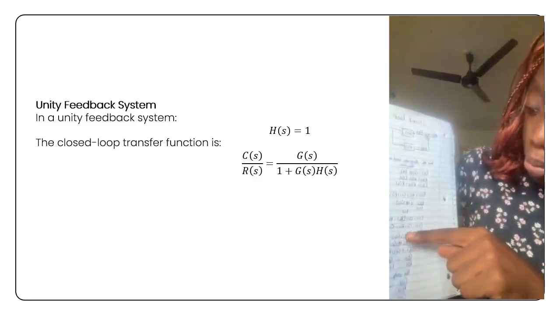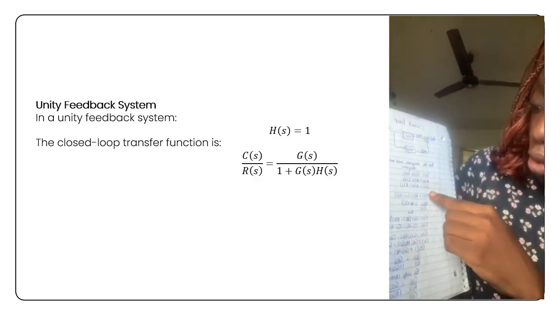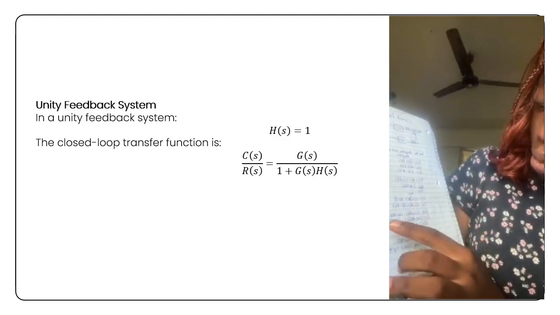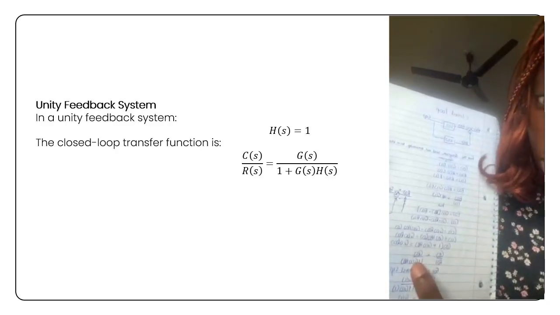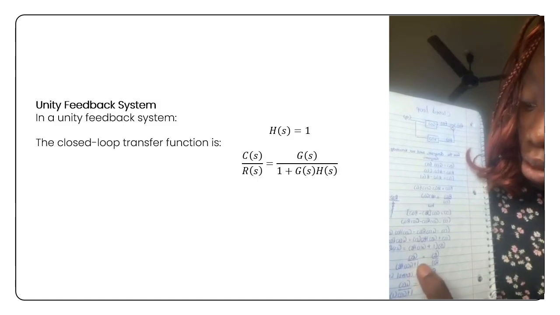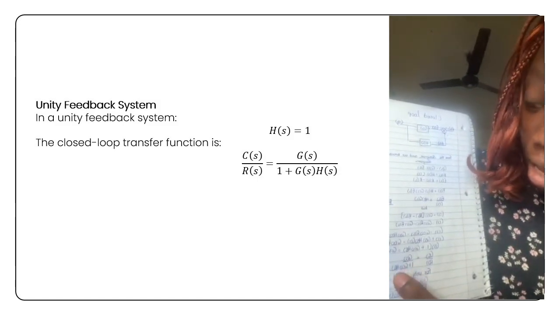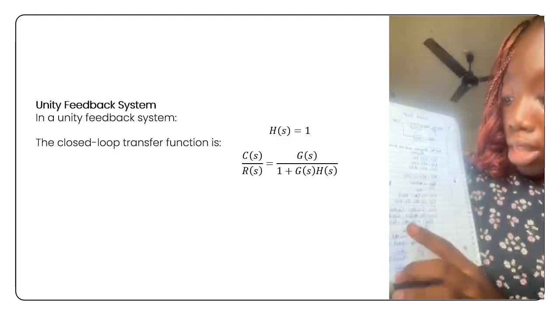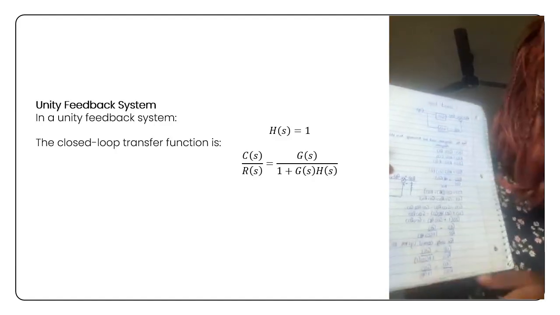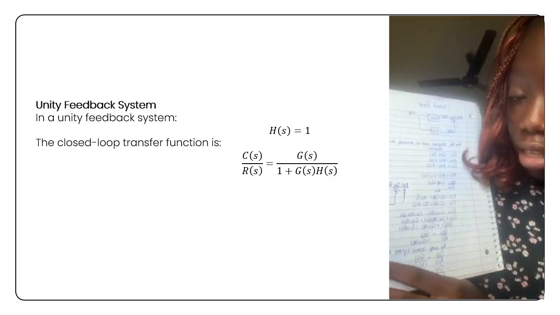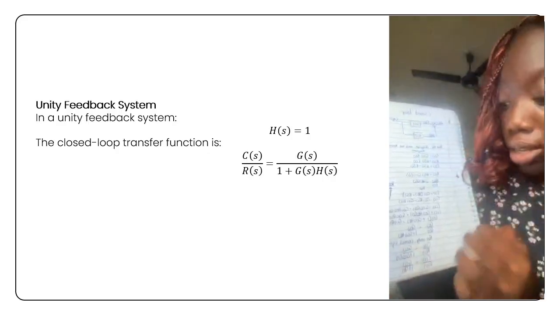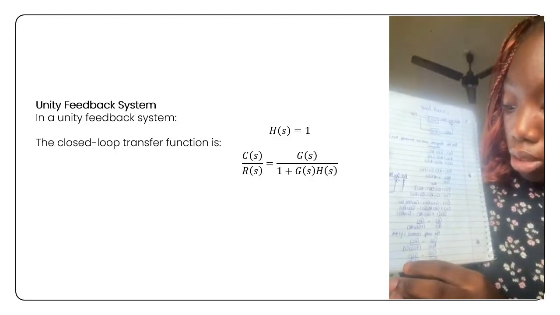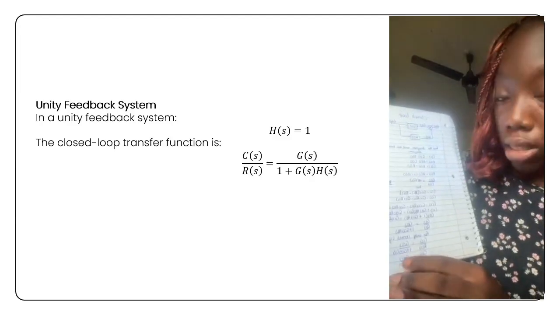So we place E(s) into the equation, substitute, and get our closed loop transfer function, which is G(s) over 1 plus G(s)H(s). For the unity feedback system, H(s) is 1, so we get a transfer function of G(s) over 1 plus G(s). Thank you very much.